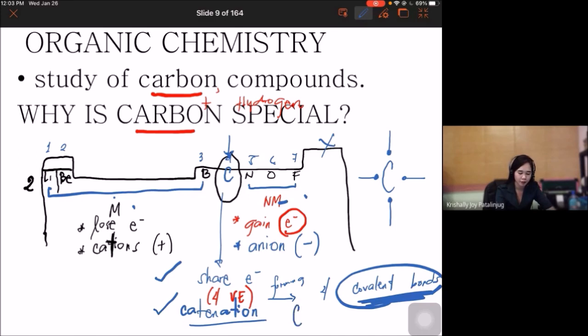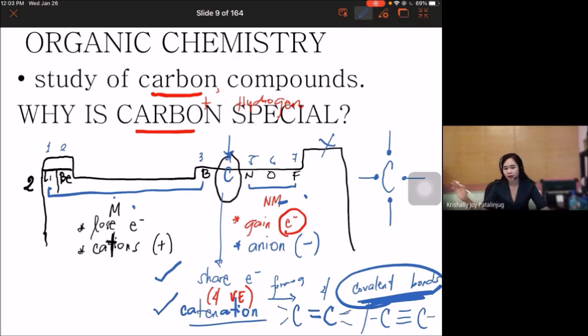Halimbawa, kaya niyang mag-form ng double bond within itself or triple bond. Pwedeng naka-straight chain or cyclic. So we will be learning that soon kapag we go along sa discussion. So that's another special property ng carbon, multiple bonds within itself, catenation.